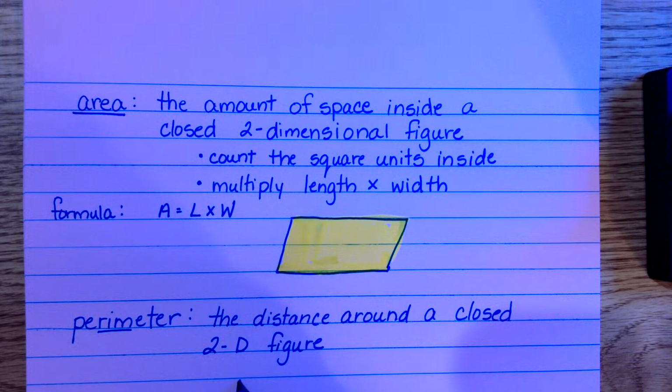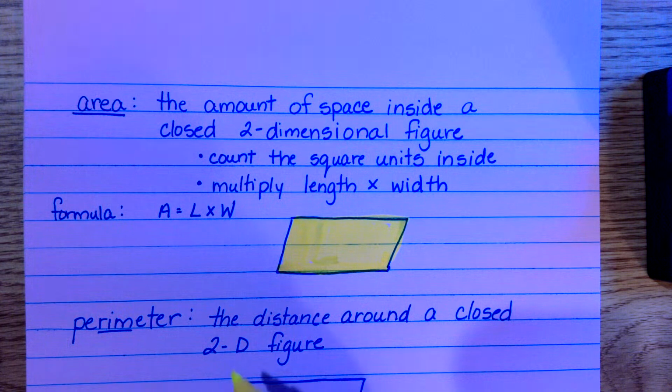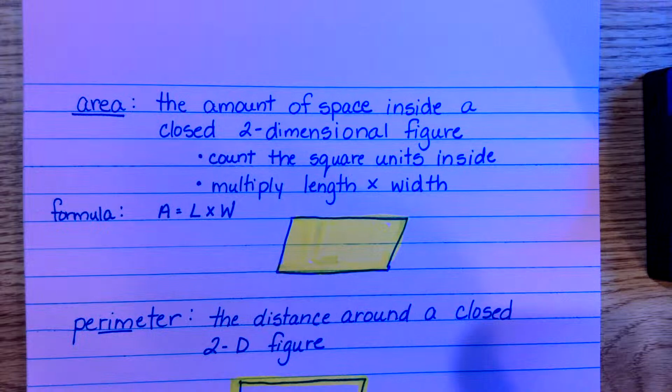So let's look again at a shape. And we're looking at the distance around the figure, or the rim of the figure. This can be found by adding the sides together.